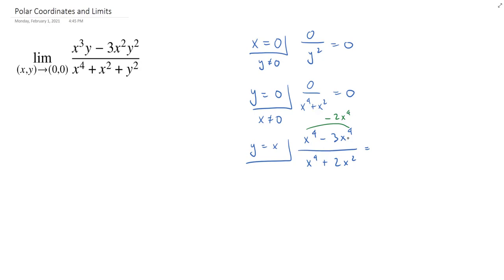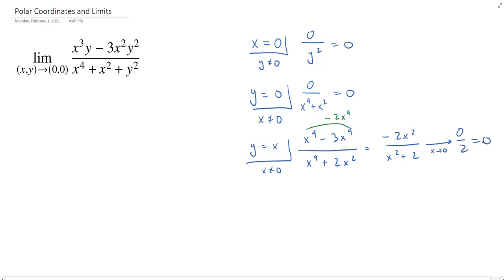Then I can cancel an x squared because, of course, I'm going to assume that x is not equal to 0. So I end up with negative 2x squared over x squared plus 2. And as x goes to 0, the numerator goes to 0, and the denominator goes to 2. So as x goes to 0, this goes to 0 over 2, which is 0.